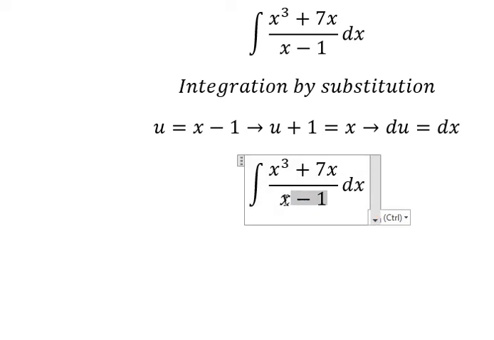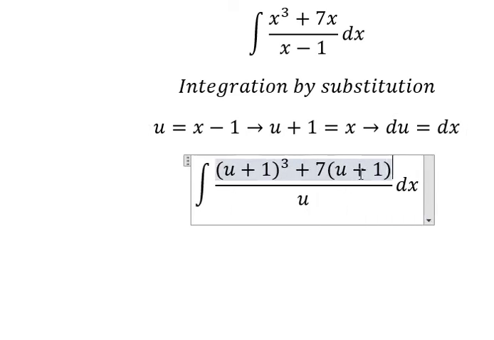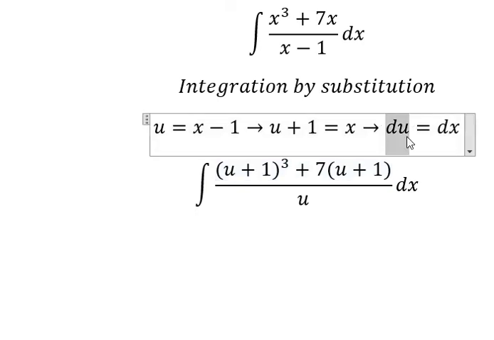This one we change by u. x we change by u plus 1. dx we change by this one.